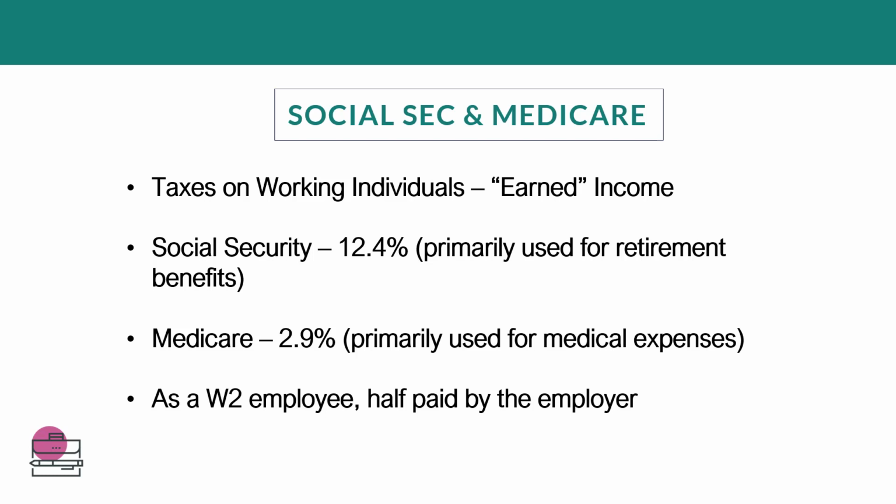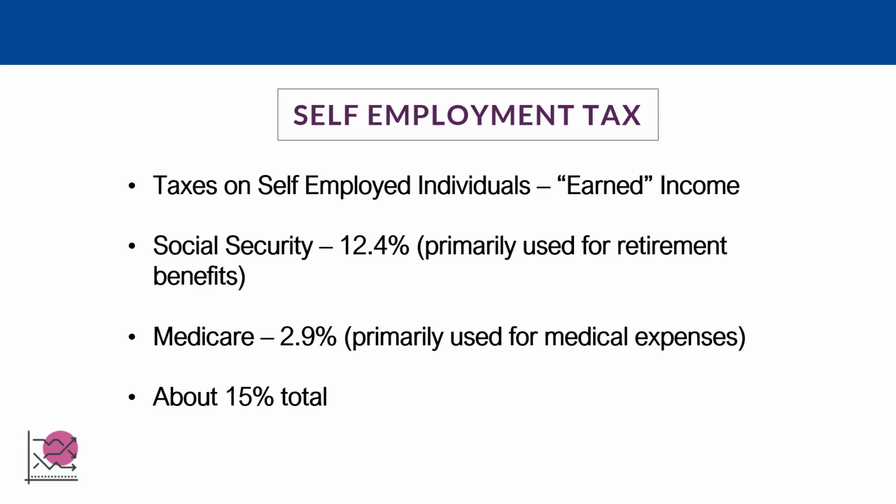As an employee of a company, your employer is required to withhold this tax from you. The employer is also required to pay half of the tax for you. So, as an employee, this tax is technically about 7.5% of your wage. The self-employment tax is the government's way of collecting these same Social Security and Medicare taxes.